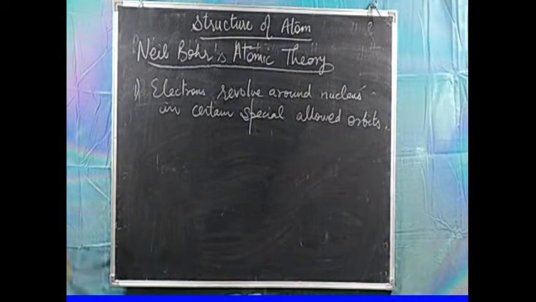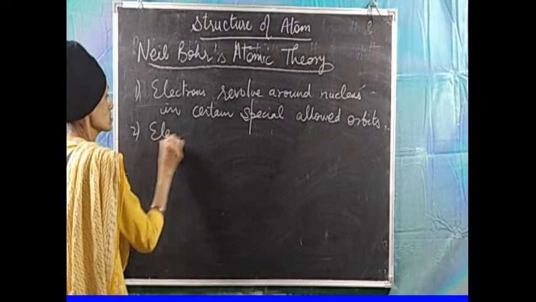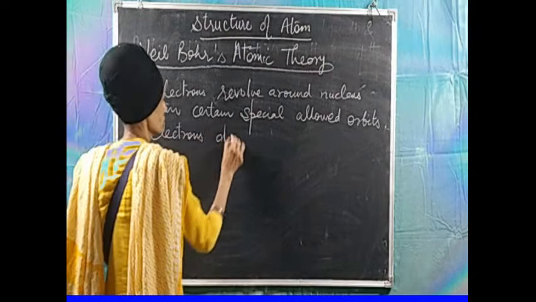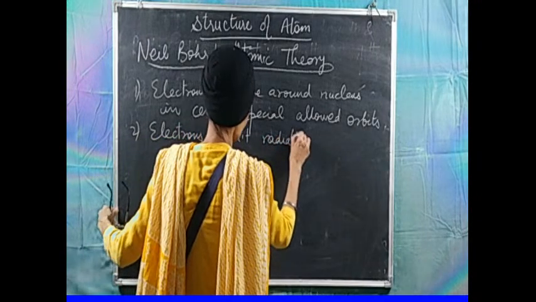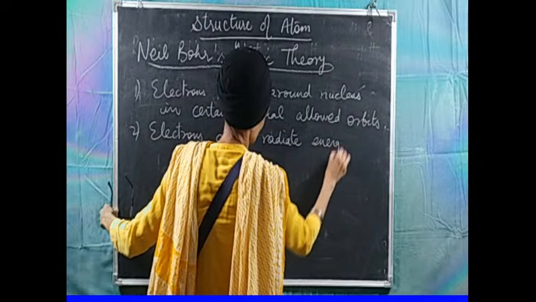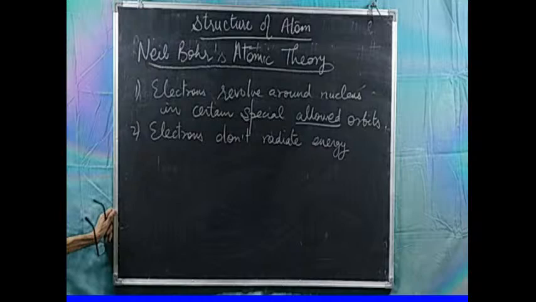And while revolving in these orbits, electrons do not radiate energy, they have fixed energy. So what is the difference between Rutherford's model and Bohr's model?